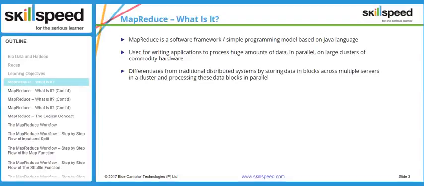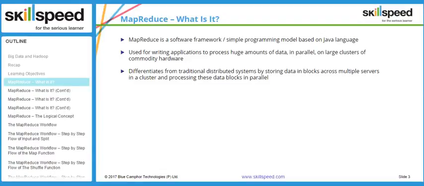If you write a traditional Java or a .NET C# program, usually the data will be presented to the program. That means your program sits in one place and the data comes to the program. However, in MapReduce, the data will not come to you, but the program goes towards the data.